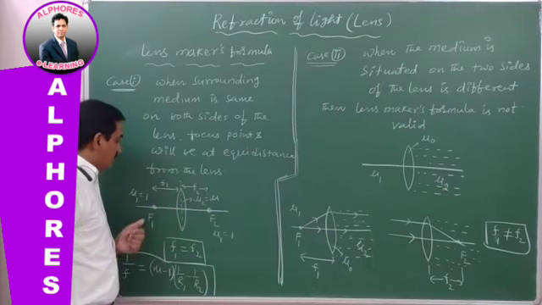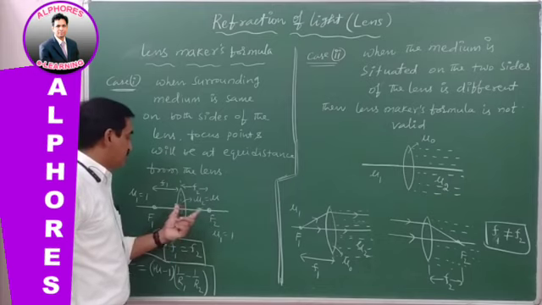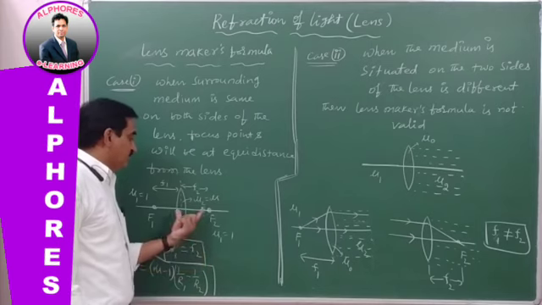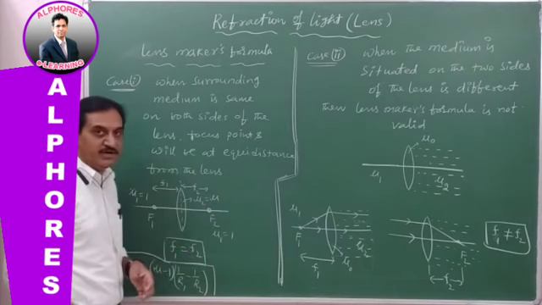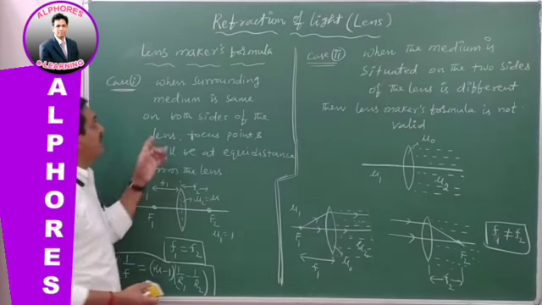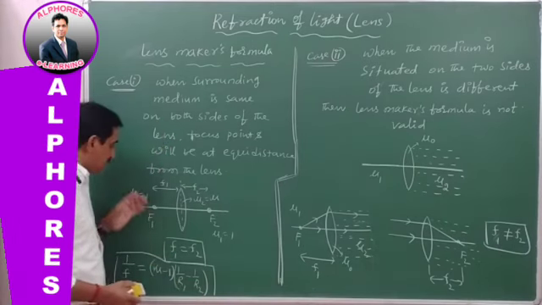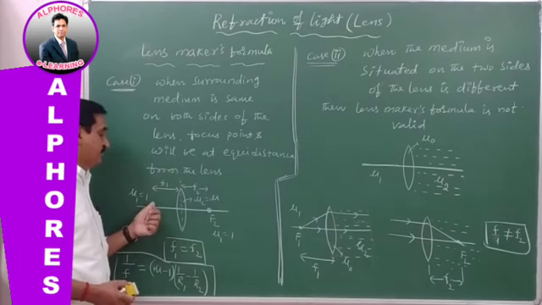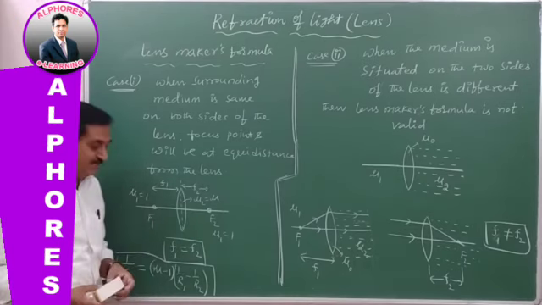In this case, the principal focus points are equidistant, f1 is equal to f2. This one and this one, these two are at the same distance. One more point: the lens maker's formula is valid only when the same medium is present on both sides of the lens.